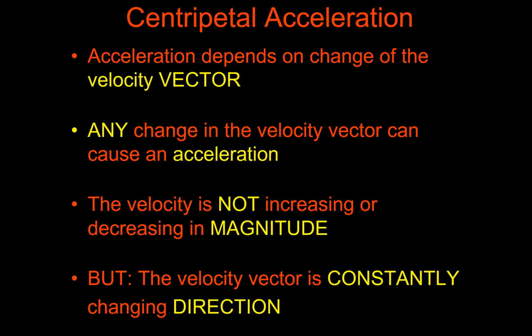Centripetal acceleration depends on the change of a velocity vector. That means you can keep the magnitude of the overall velocity vector the same, but you can constantly change the direction. And that's what's going to happen if you swing something in a circle. You will have a linear velocity at every single point in that circle.